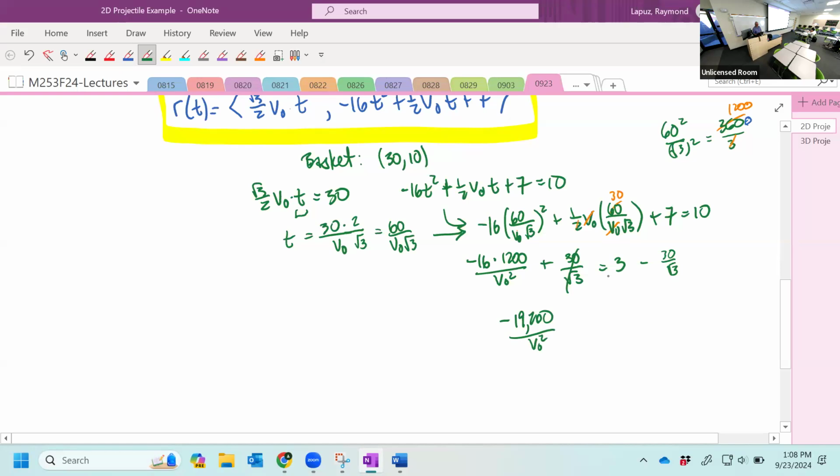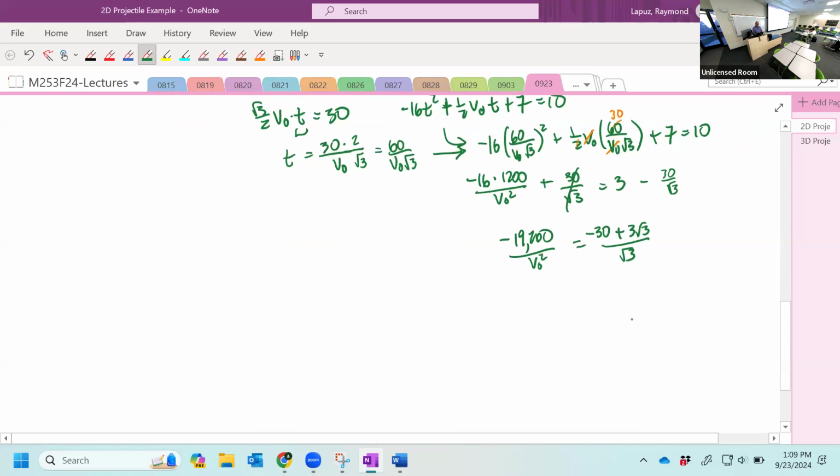And this, I will call this a, negative 30 plus 3 root 3 over root 3. I want the reciprocal. Can't believe I'm doing this by hand.